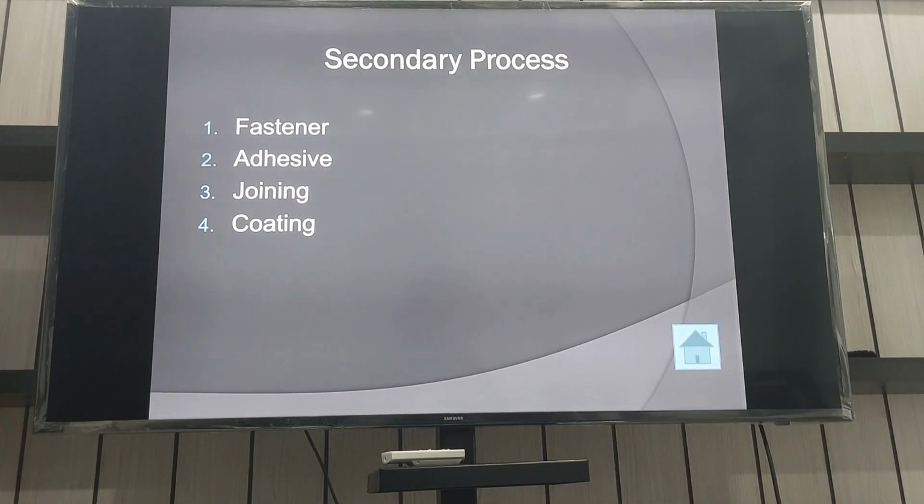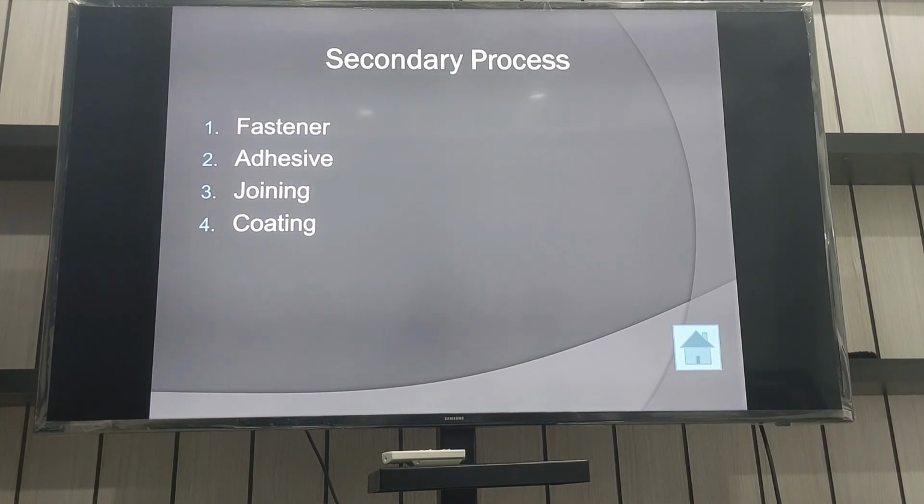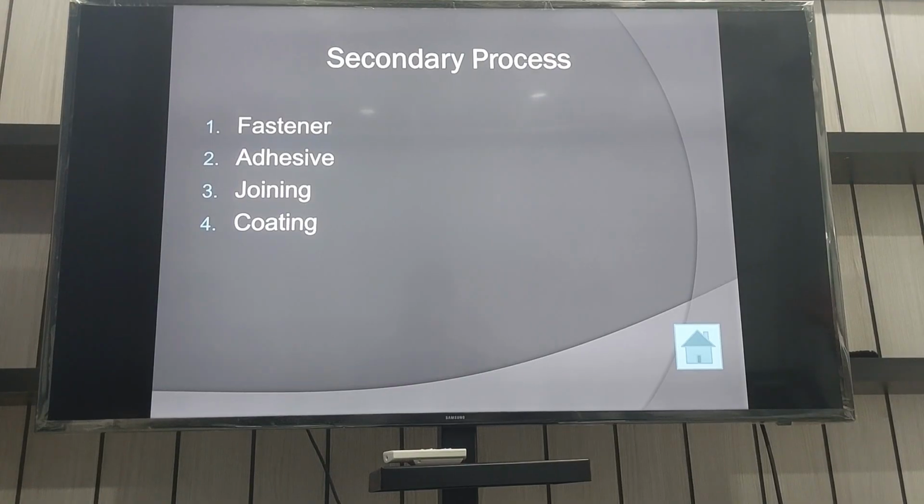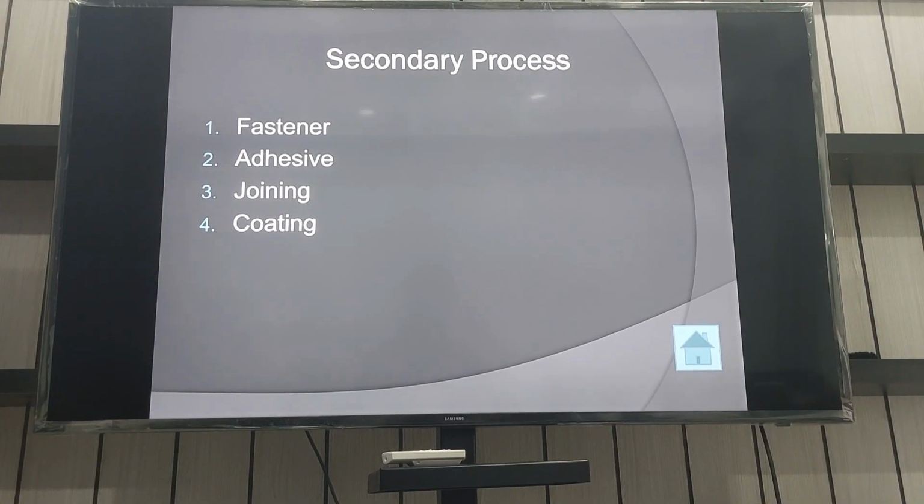And secondary process is assembly, coating, joining to make the product function as a whole product. Helmet, you don't need to assemble by your own. Yeah. Okay. So I think that's for today's material.